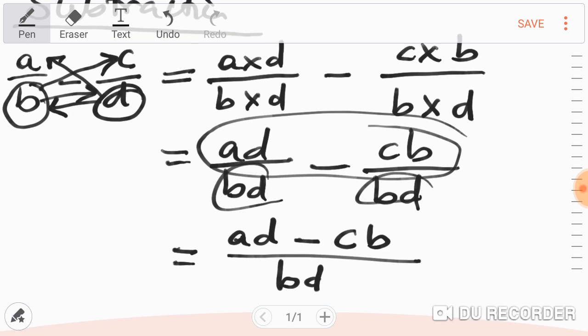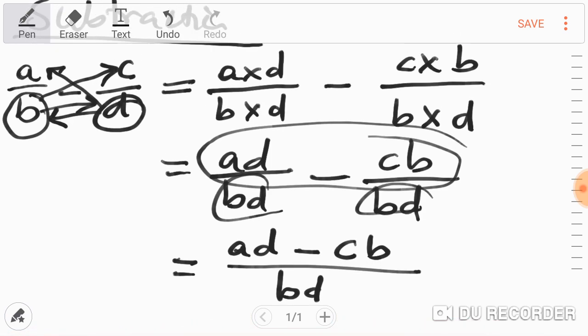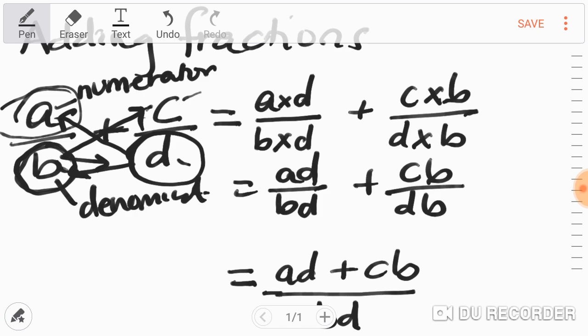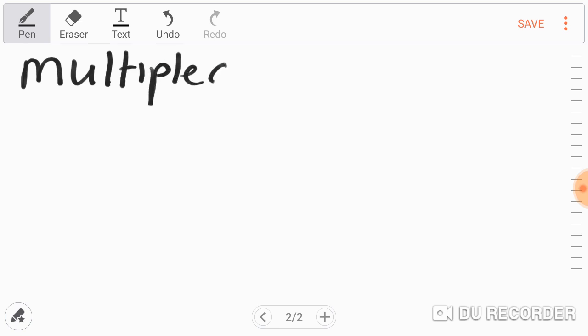Right? Sorry, let's move to multiplication. Right? Multiplication.